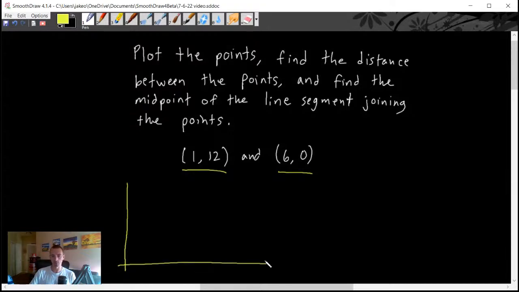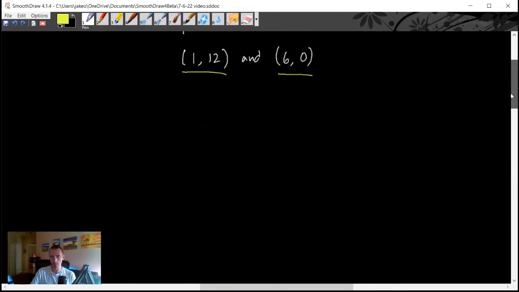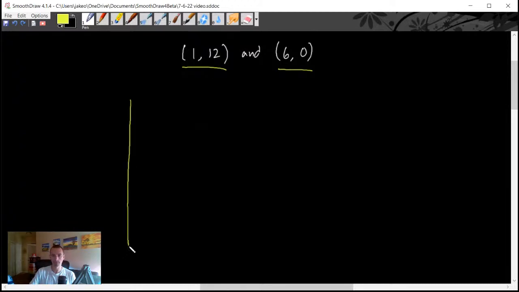Basically, we just need to start with an XY axis. Actually, let me scroll down and do this a little bit bigger here. So we have X, we have Y, and basically we just want to start by labeling our axis, just like we did in the scatter plot example.